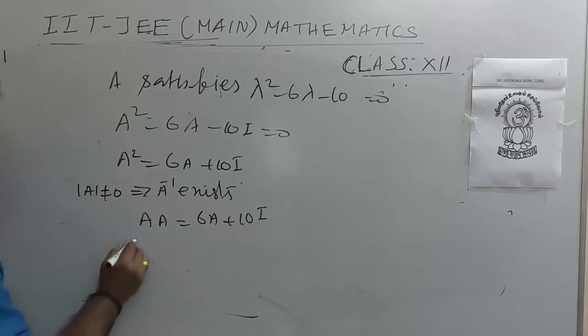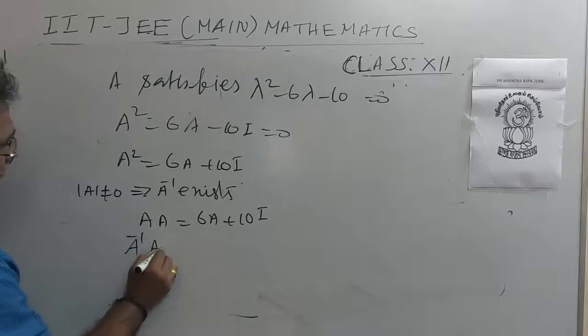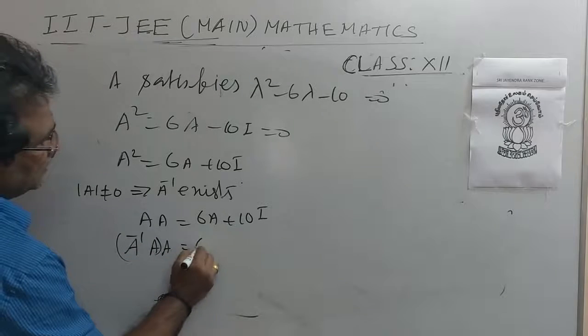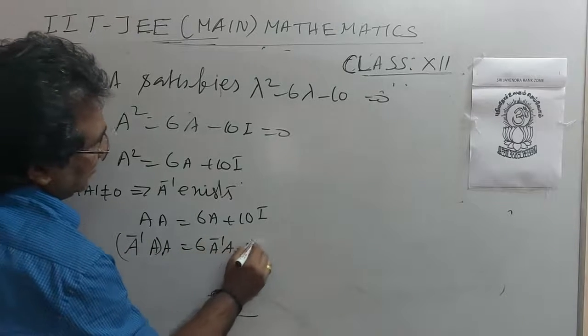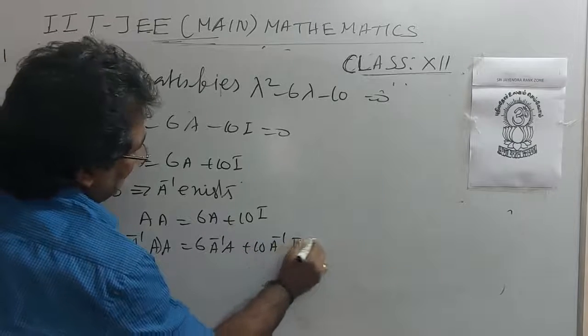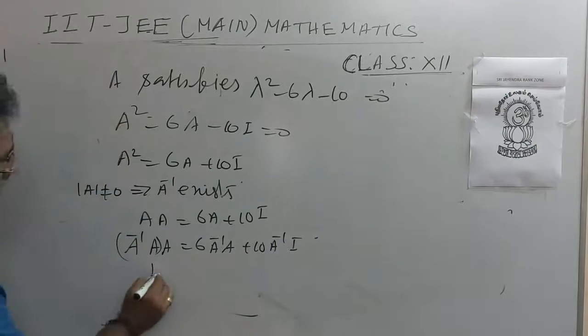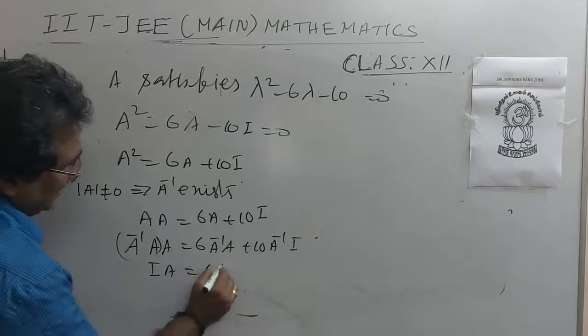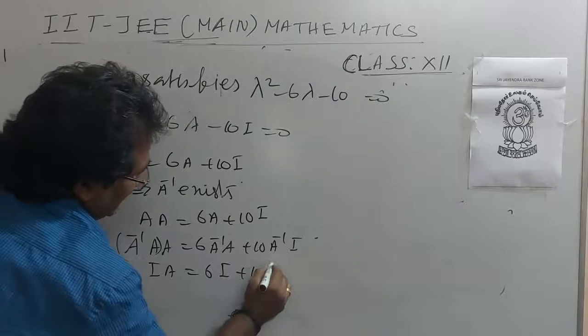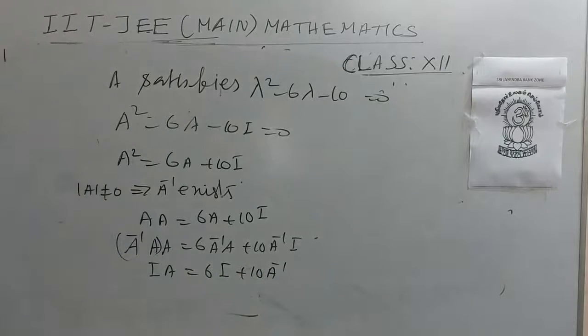Pre-multiply by A inverse: A inverse A squared equals 6 A inverse A plus 10 A inverse I. So IA equals A, that is, A equals 6I plus 10 A inverse.